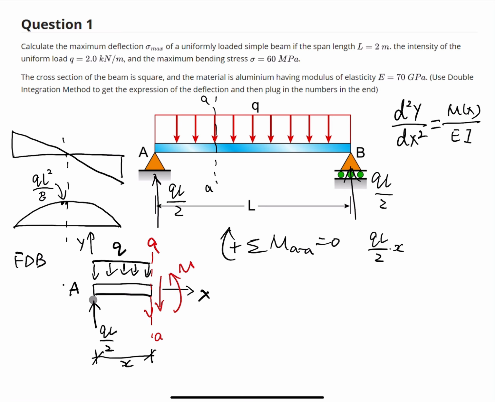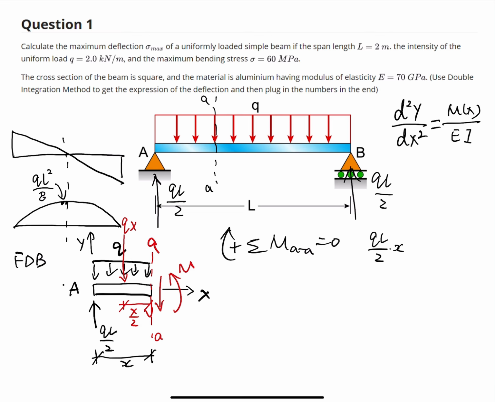The second bending moment is due to the distributed load on this beam segment. For this distributed load, we first need to calculate the equivalent point load, that is qx. The distance from the cut for this equivalent load is x over 2.